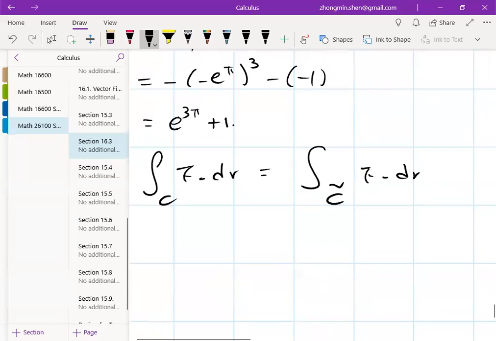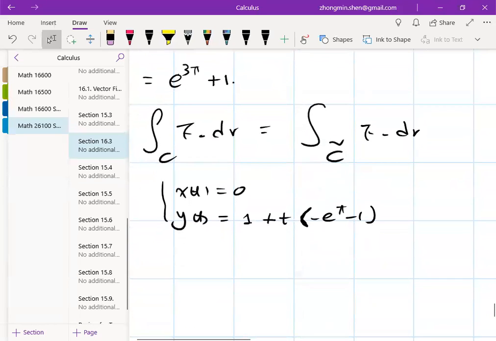You can set x(t) to be 0, y(t), how can I write down this? It begins with 1 plus t times the difference of those two numbers. When t equals 0, it's 1. When t equals 1, you get negative.